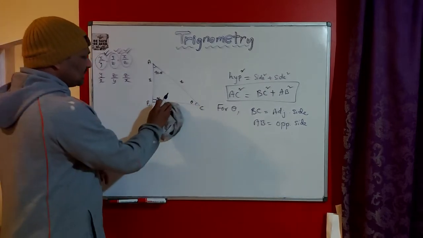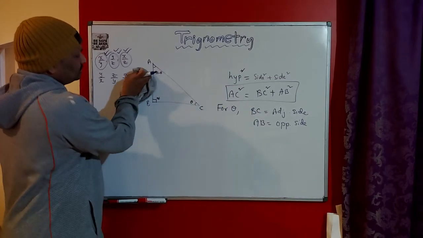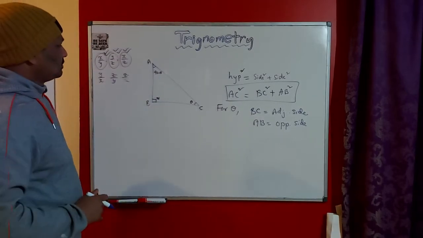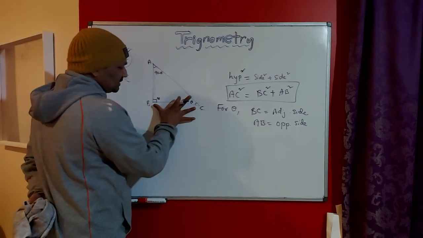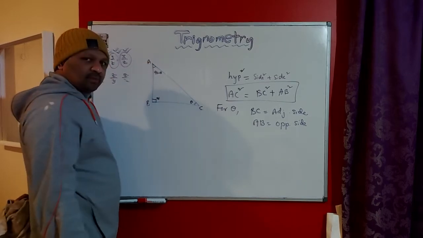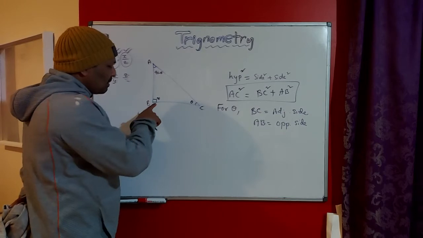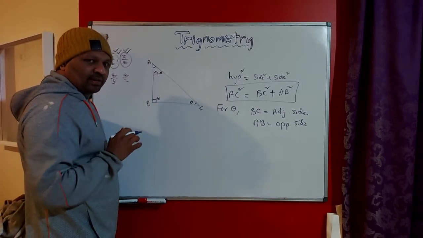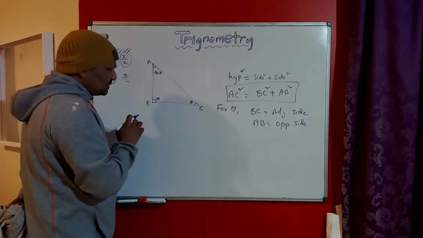I'm going to remove x, y, z so you won't get confused. For theta, the adjacent side is BC, and the opposite side is AB. For 90 degrees, there is no such thing. Opposite to the right angle is always the hypotenuse, so there is no point talking about the opposite for 90 degrees.